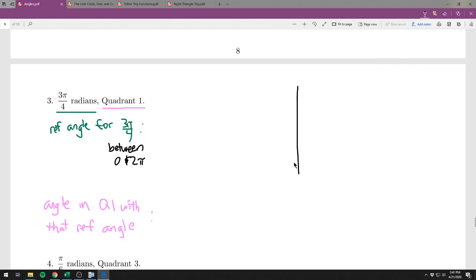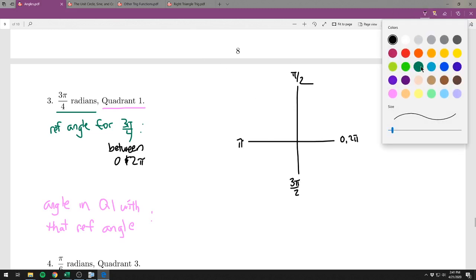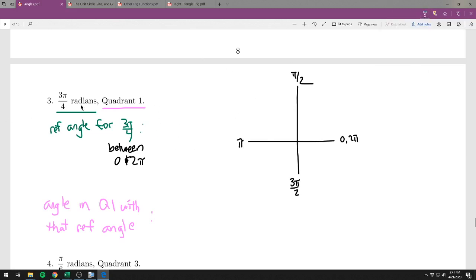We draw our picture. We've got 0 and 2 pi over there, pi over 2 at the positive y-axis, pi at the negative x-axis, and 3 pi over 2 at the negative y-axis. Now if you compare where 3 pi over 4 is, it is in quadrant 2. It is between pi over 2 and pi.